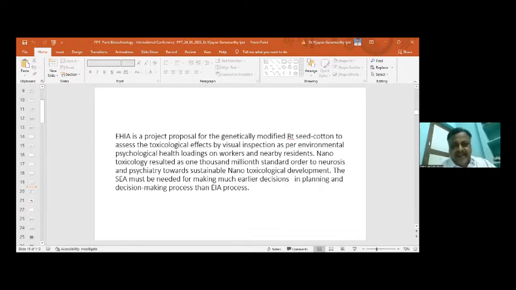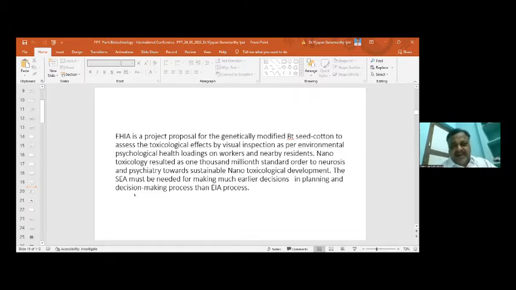Nanotoxicology resulted as 1000 millionth standard, order to neurosis and psychiatry, towards sustainable nanotoxicological development. So the strategic environmental assessment process has been investigated for making much earlier decisions in the planning and decision-making process than the environmental impact assessment process. So the environmental impact assessment process is a need for the Bt seed cotton and the genetically modified organic biotechnological aspects.